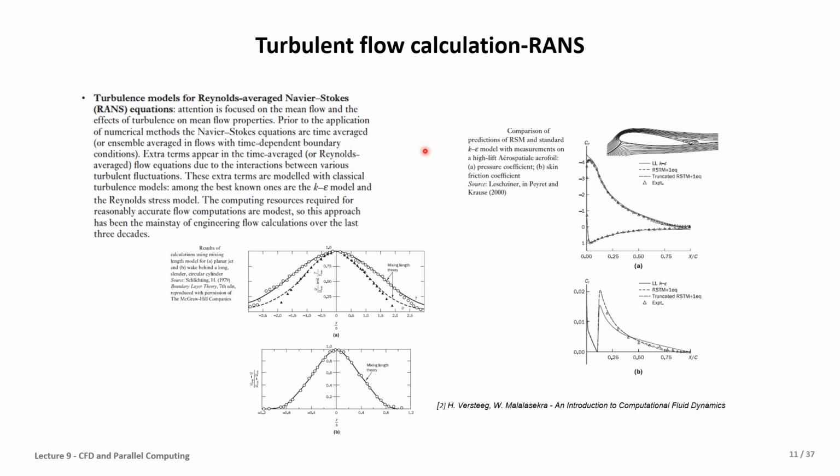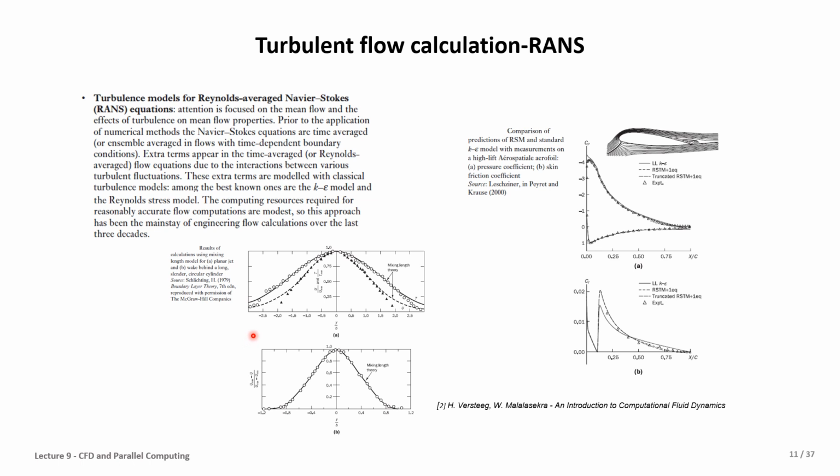To assess this method, here we have an example from RANS, which is validated with experimental measurement. In these two figures, the first one is the simulation for a planar jet.